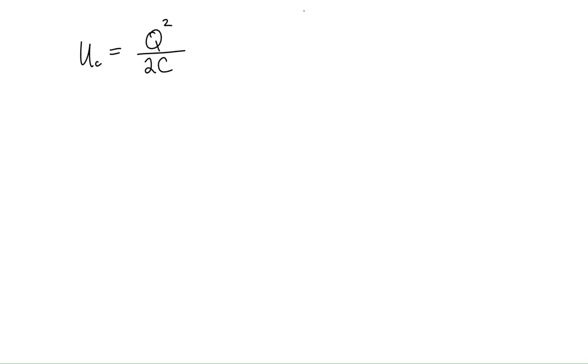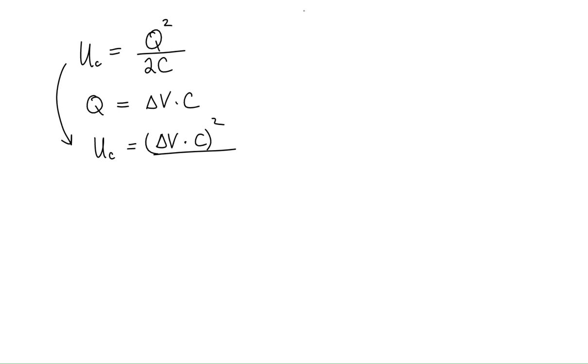For example, let's see what happens when we use the expression for capacitance, Q equals C times V. When we substitute this expression into our formula for potential energy, we get the potential energy of the capacitor is equal to the potential difference times the capacitance, squared, over 2 times the capacitance.